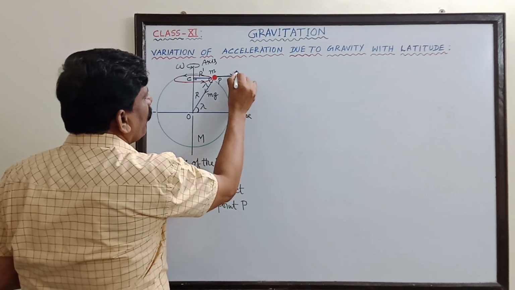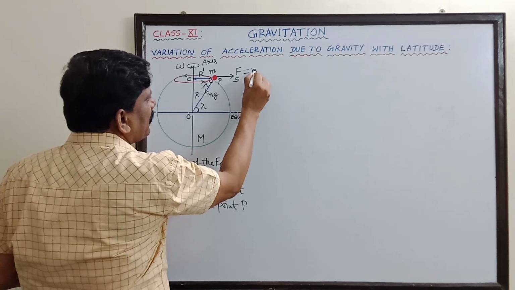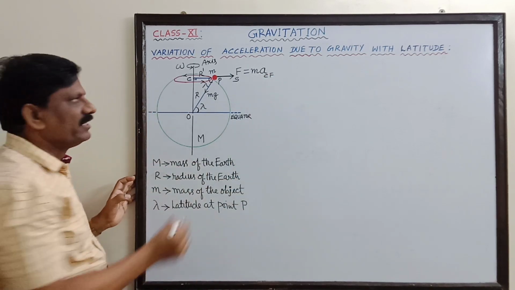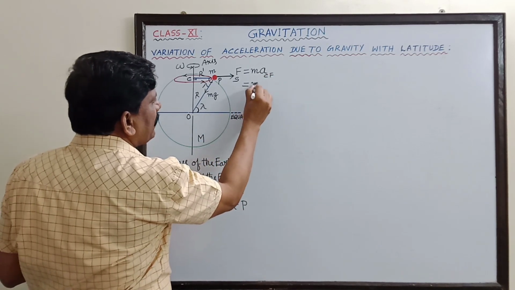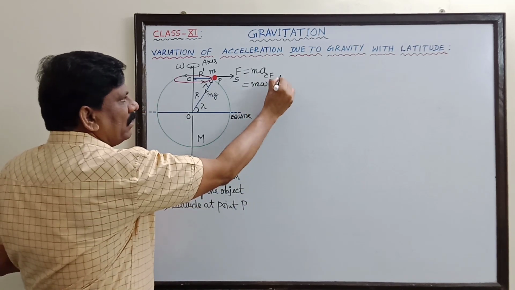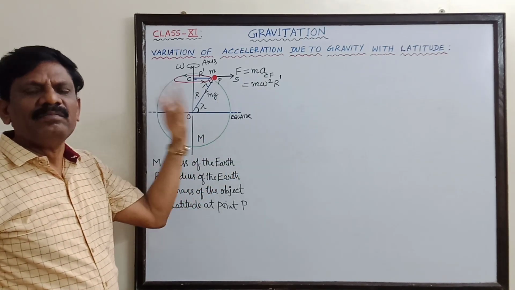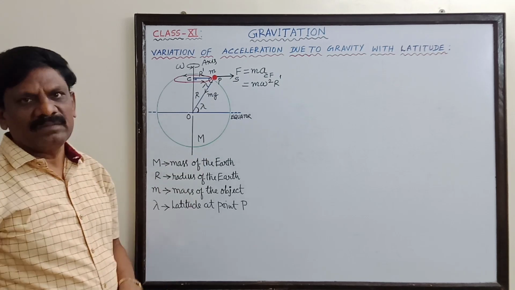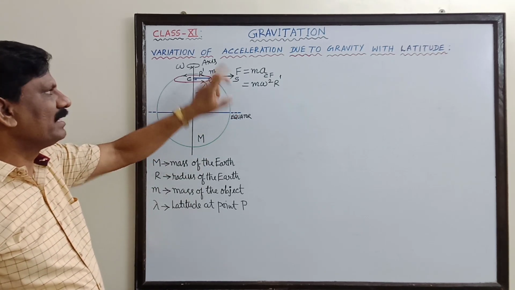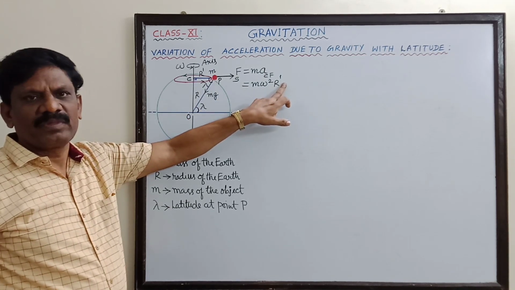And this centrifugal force is equal to mass into centrifugal acceleration. So this is equal to m omega square into r dash. We have derived this equation m v square by r, otherwise m omega square into r. So the centrifugal force acting on this object of mass m is equal to m omega square r dash.